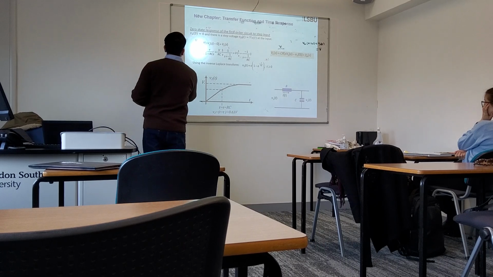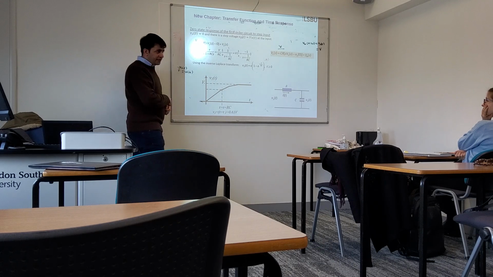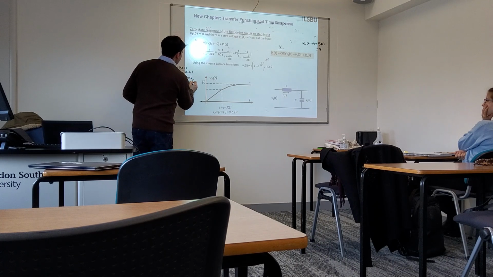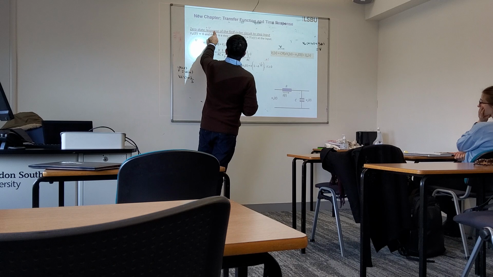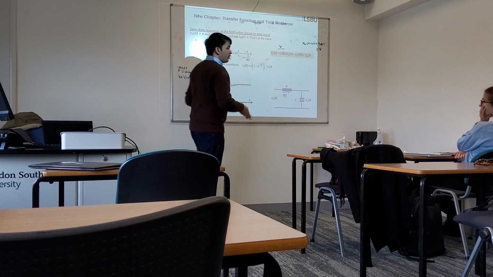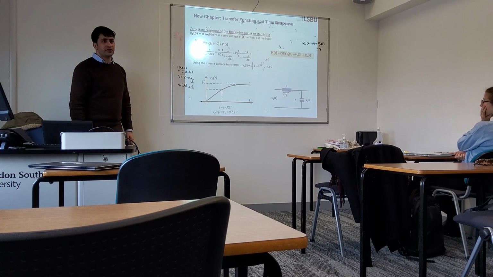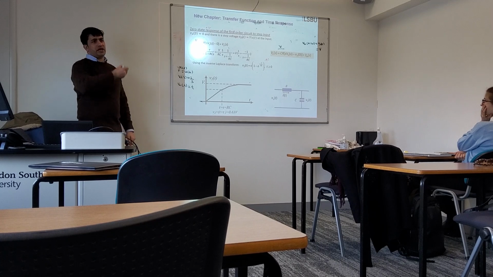At the moment we have said that the input, which is V1 of t, was u of t, the unit step, right? That's why we say that V1 of s is 1 by s. So on top you can see the zero state response to step input. But what if the input was a ramp? For a ramp, the function is like t.